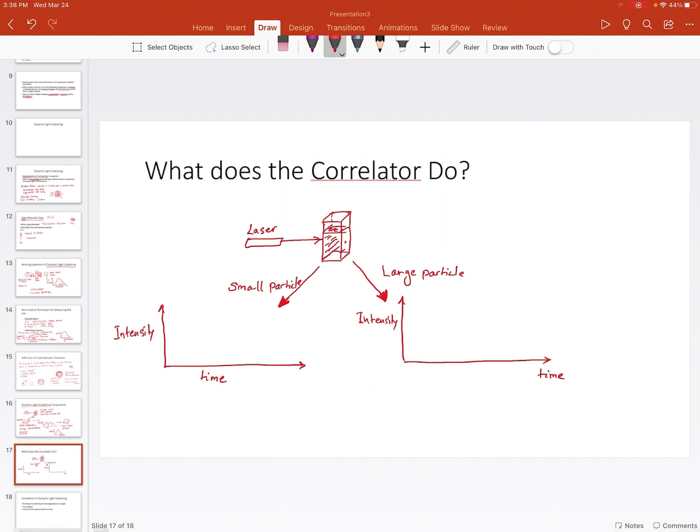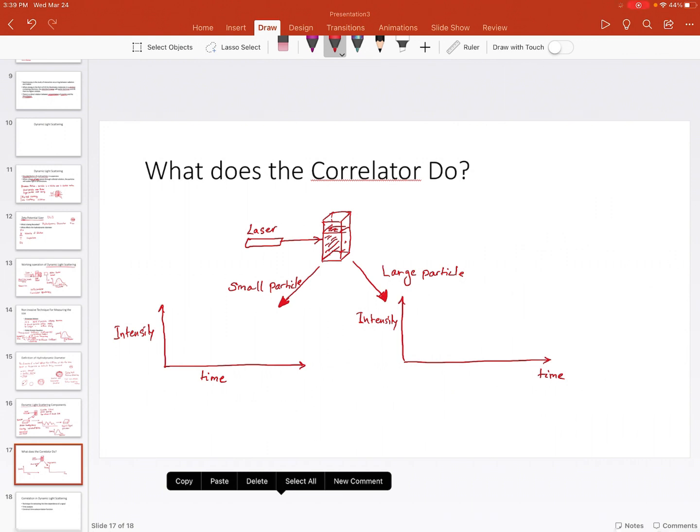As I said, we have a laser. We shine this laser to our sample, which has particles with different size. And we have a scattering intensity. This intensity measurement is done over time, is repeated over time. So we have intensity of the scattered light, which is fluctuating versus time.